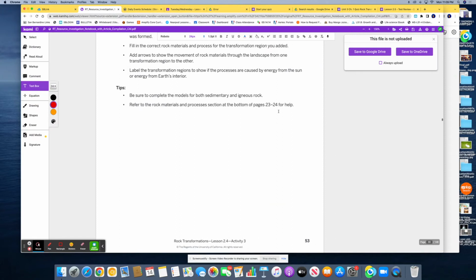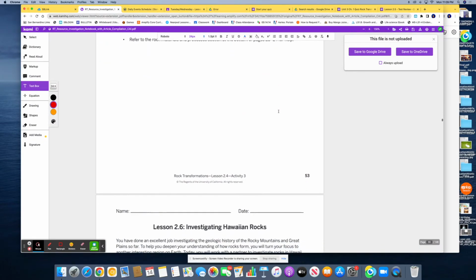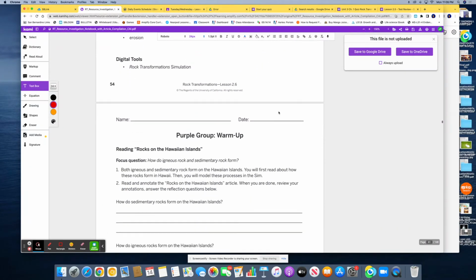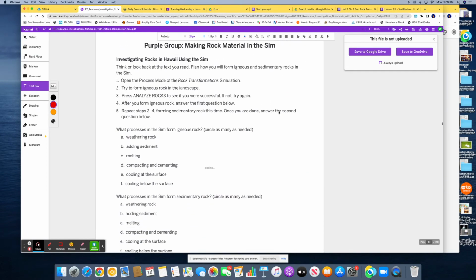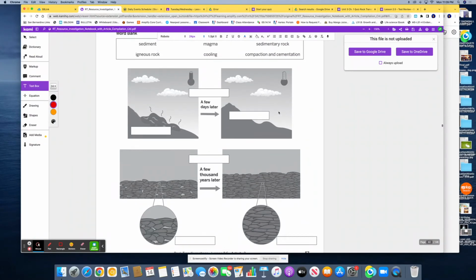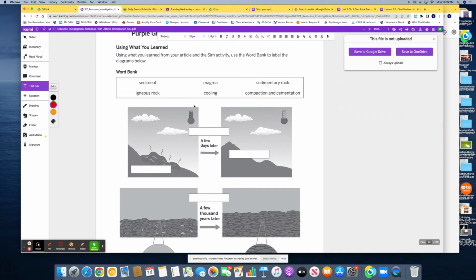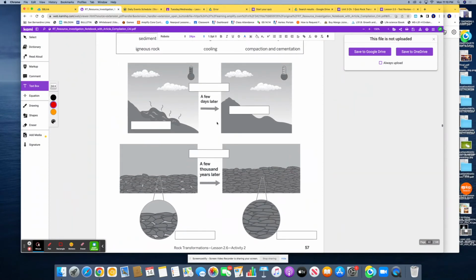All right, so let's go to purple group. Oh, okay, right here. All right, so we're on page 57. And we're going to use these words from the word bank to properly label the picture.